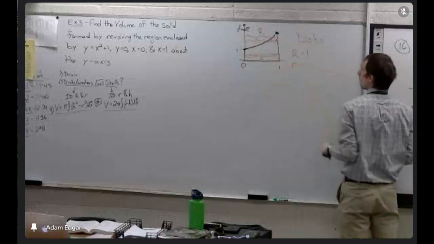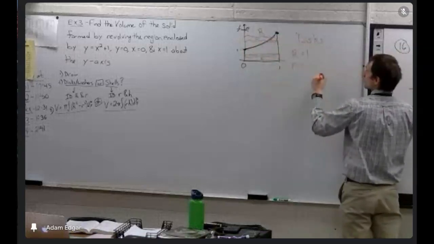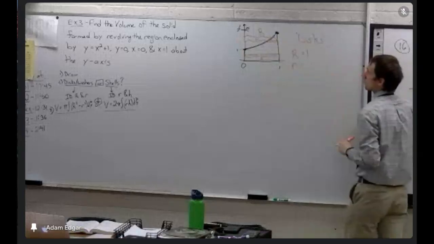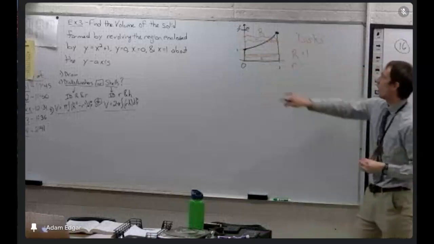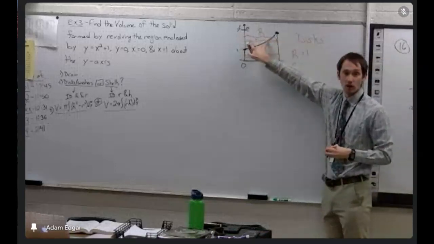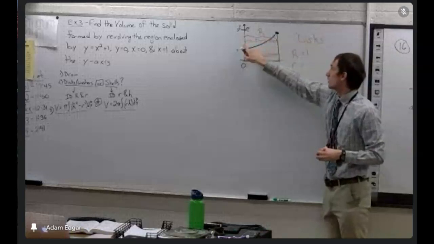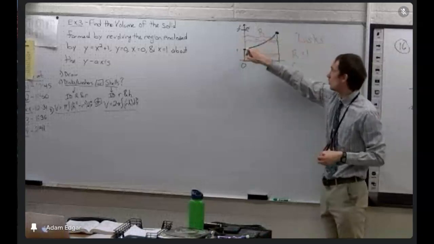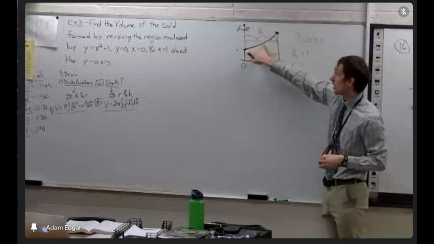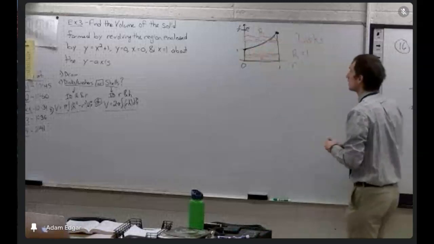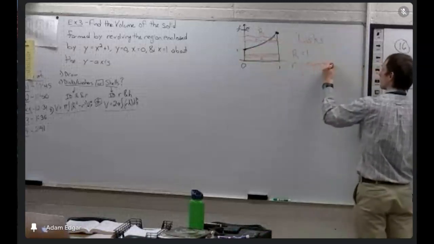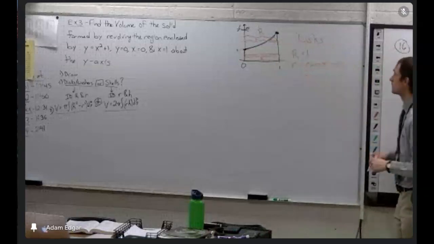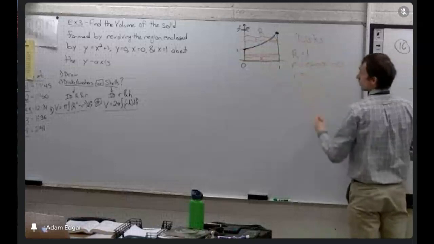Little r is the distance from the axis to the curve. So from the curve to the axis, the distance is the curve minus 0. And now we're doing things in terms of y, so we've got to rewrite the curve equation in terms of y.